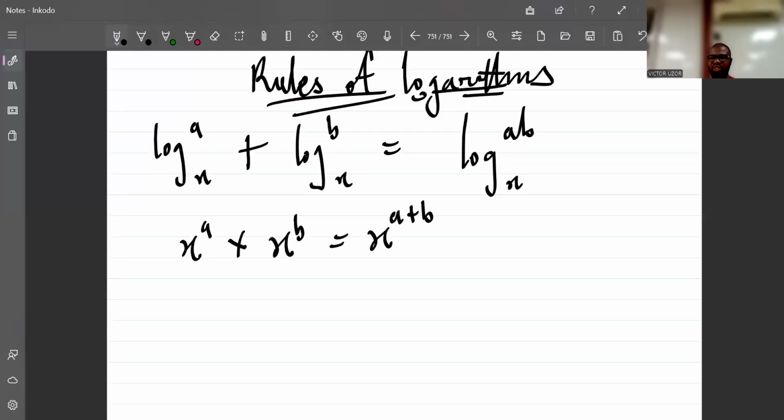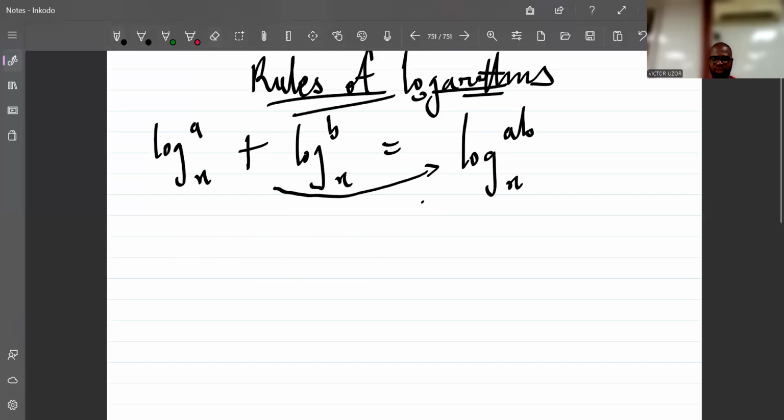In logarithm, when you see addition, you multiply. The same way when you see multiplication in indices, you add. So that is the thing that you should know. The first one, you can call it addition law or multiplication law. But the main thing is that when you see addition, you multiply the whole thing.